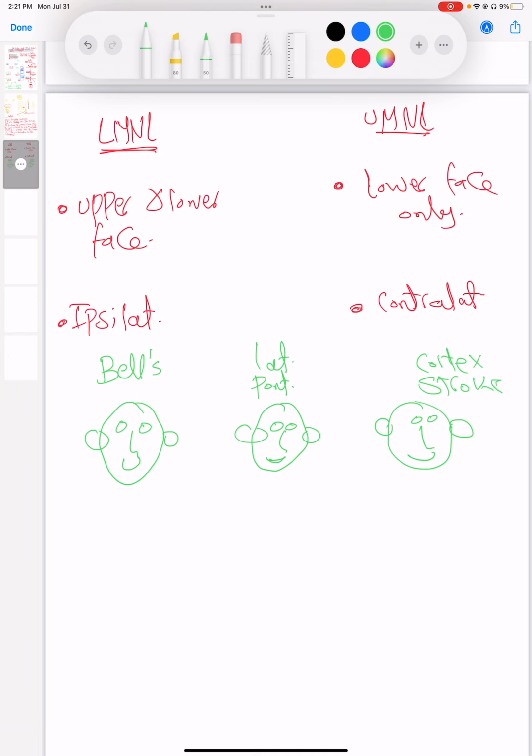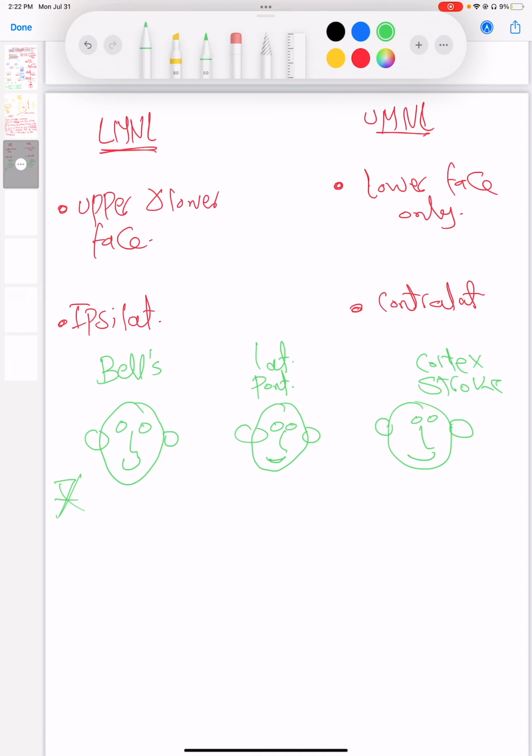Bell's palsy is basically a cranial nerve 7 or facial nerve lesion, and that's it. It's just the facial nerve. What is the reason? It depends. It can be viral infection like HIV. It could be Lyme disease. It could be autoimmune, it could be multiple sclerosis, it could be idiopathic. A lot of reasons can cause Bell's palsy. What causes lateral pontine syndrome?